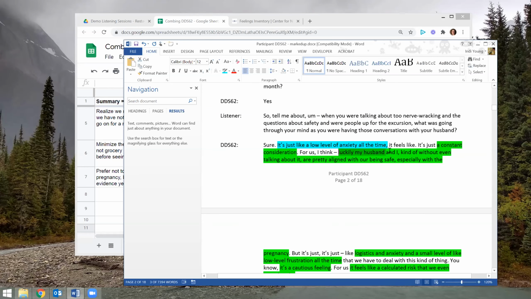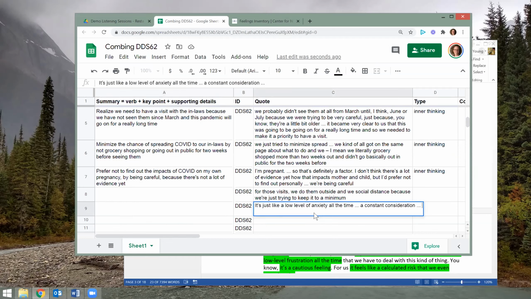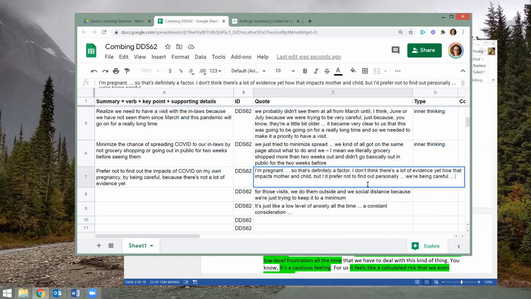Luckily, my husband and I, kind of without even talking, are pretty aligned about being safe, especially with the pregnancy. You know what? That might actually belong up here.